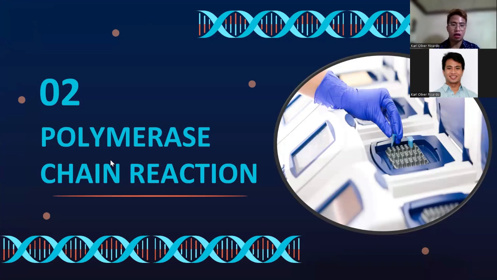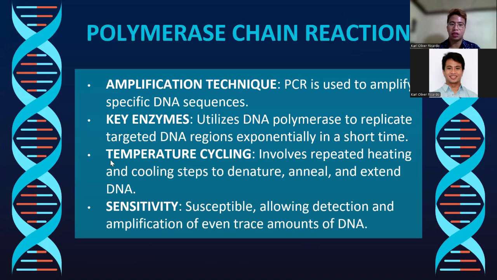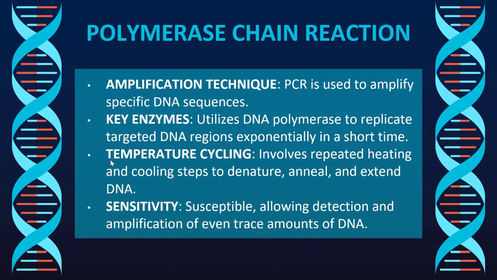So we identify PCR, or what is the technique under PCR. PCR is actually a powerful technique that is used to amplify specific DNA sequences, to generate millions of copies quickly and efficiently for analysis. What are the key enzymes used during PCR?